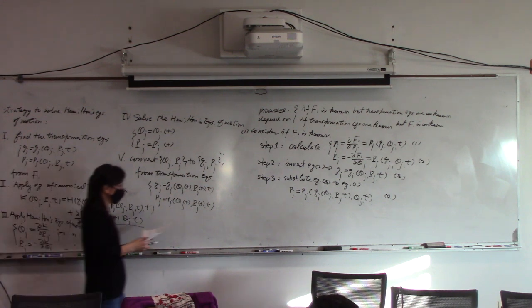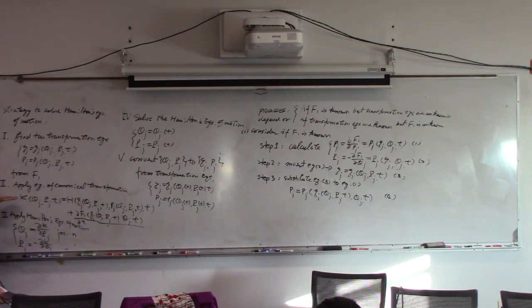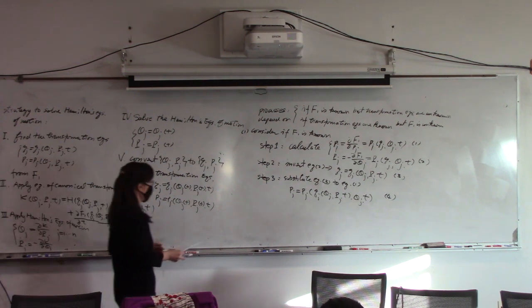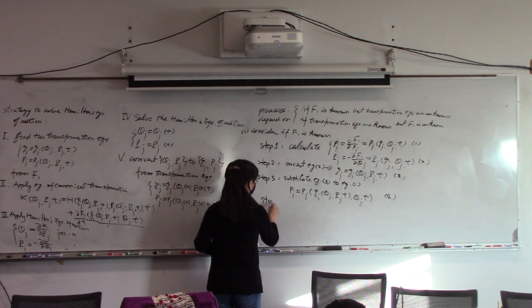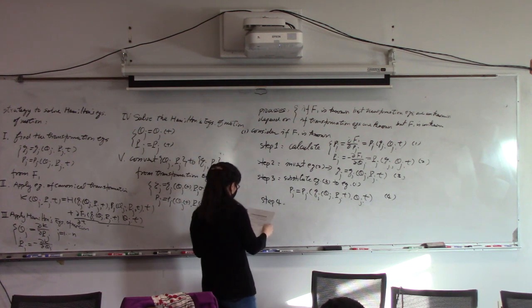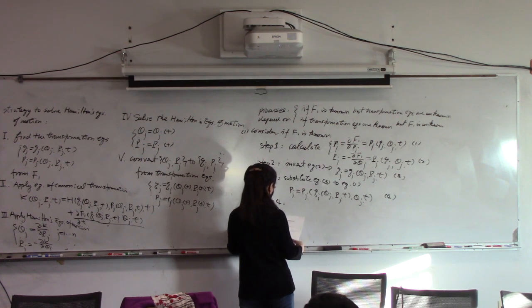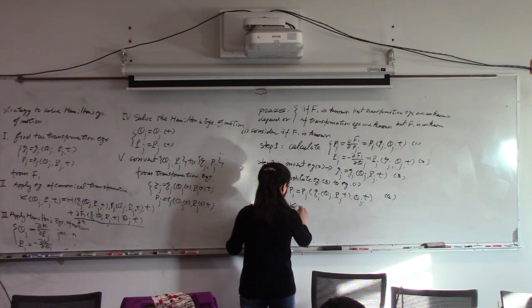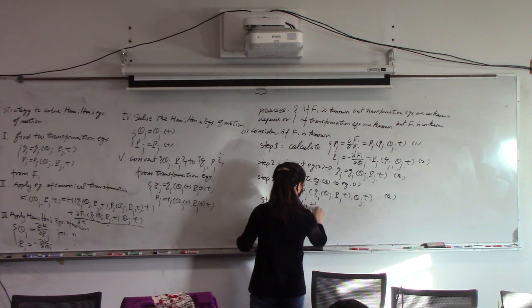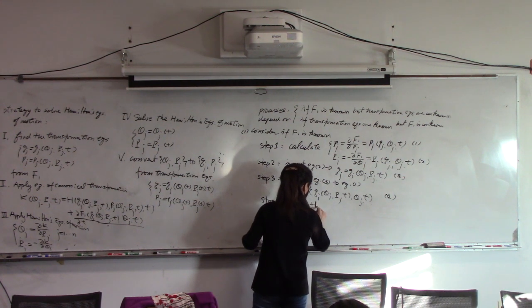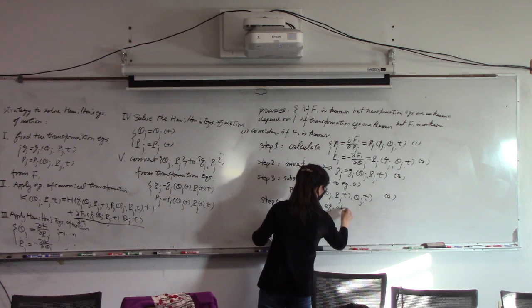Okay. Next we are going to calculate and find the new Hamiltonian by applying the equation of canonical transformation. That is step 4. I combine step 4 and step 5 together. Here, K: apply the equation of canonical transformation.